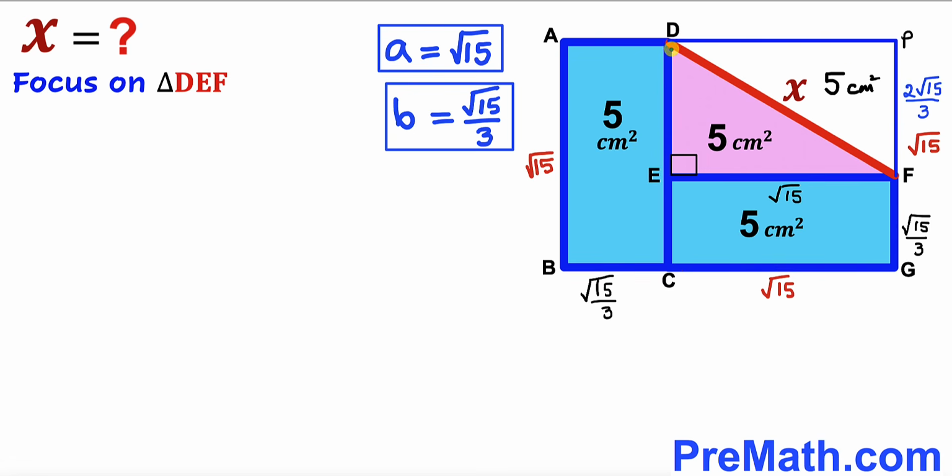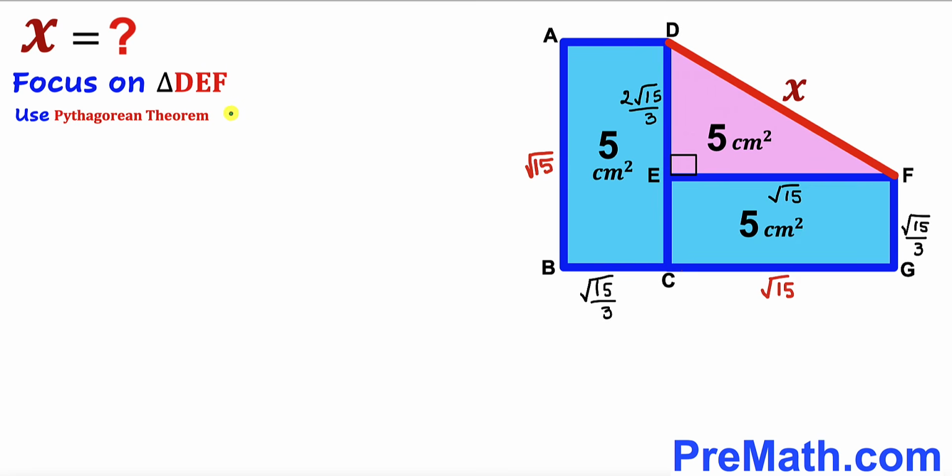Furthermore we know that this DE length has got to be equal to this FP length, which is 2 times square root of 15 divided by 3. So this DE length turns out to be 2 times square root of 15 divided by 3. Now we are going to apply the Pythagorean theorem on this right triangle DEF.